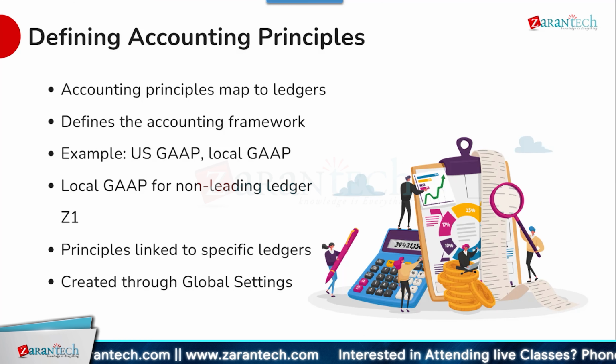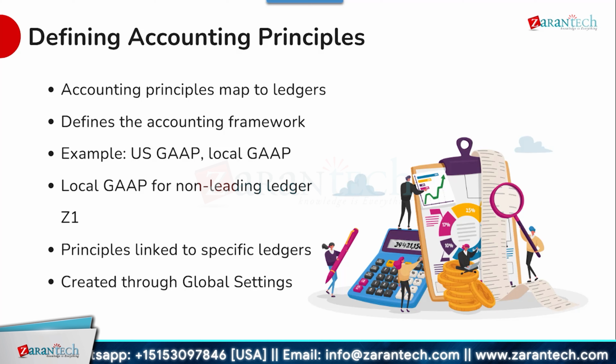Now, have you ever wondered how businesses keep their financial records consistent and reliable? Let us dive into the world of accounting principles. Accounting principles are the backbone of any kind of financial reporting. They establish a framework for how transactions are recorded and reported.